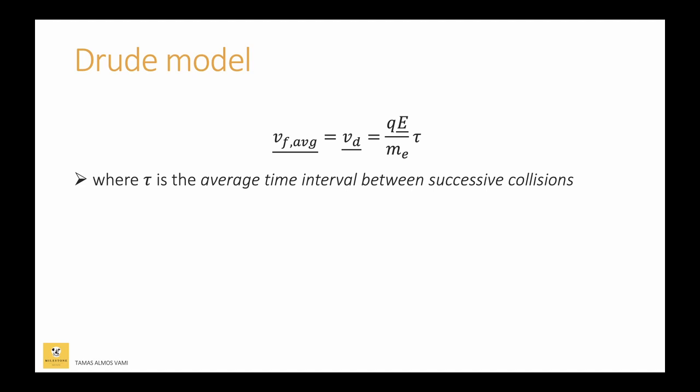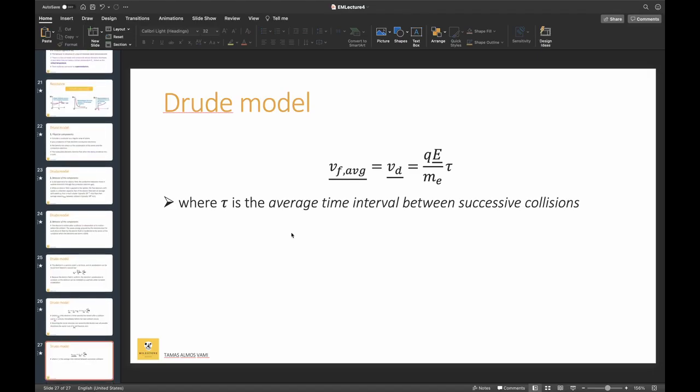So then we can get rid of that and say that the average final velocity, which is the drift velocity, is going to be q times the electric field E divided by the mass of the electron times a time-like quantity, which we denote with this Greek letter tau, and this is the average time between two collisions.